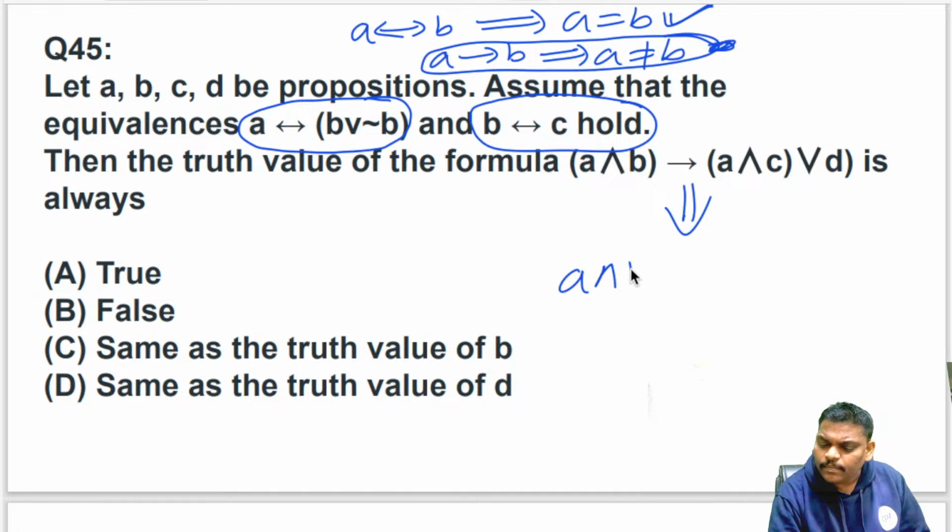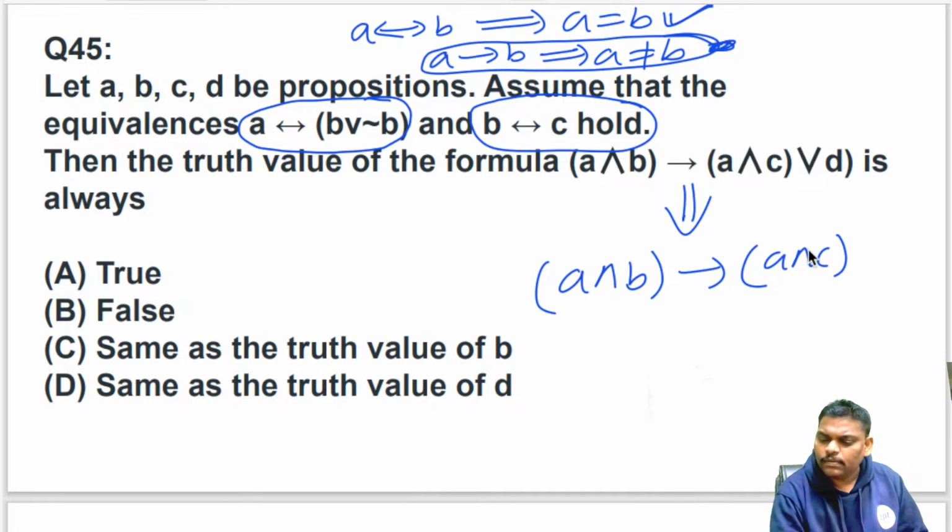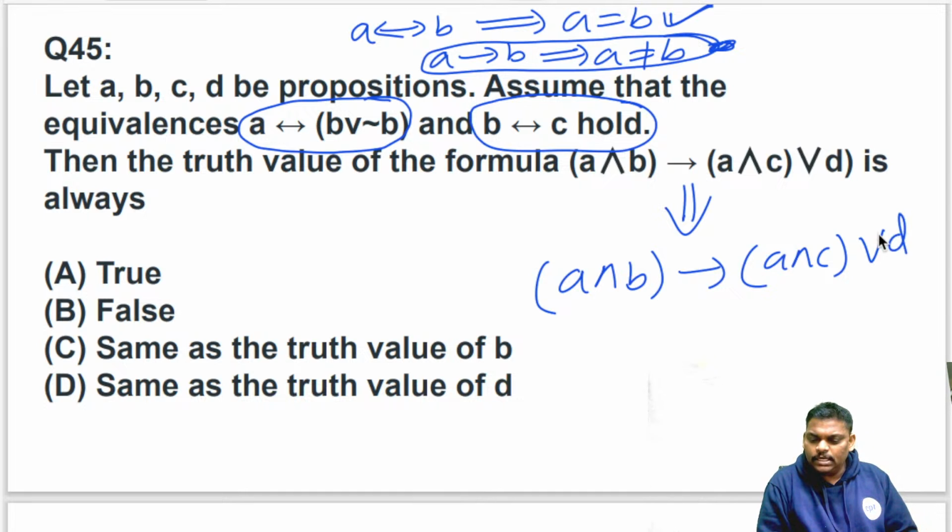A and B implies A and C are D. It is a given one.